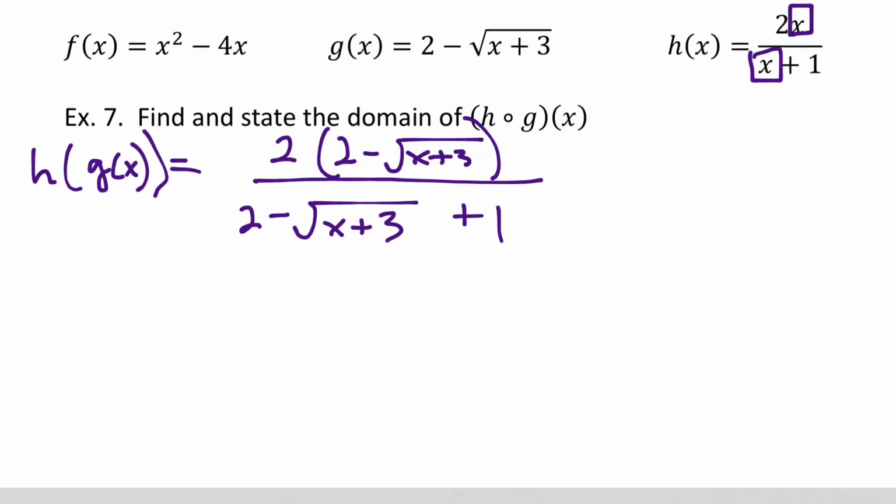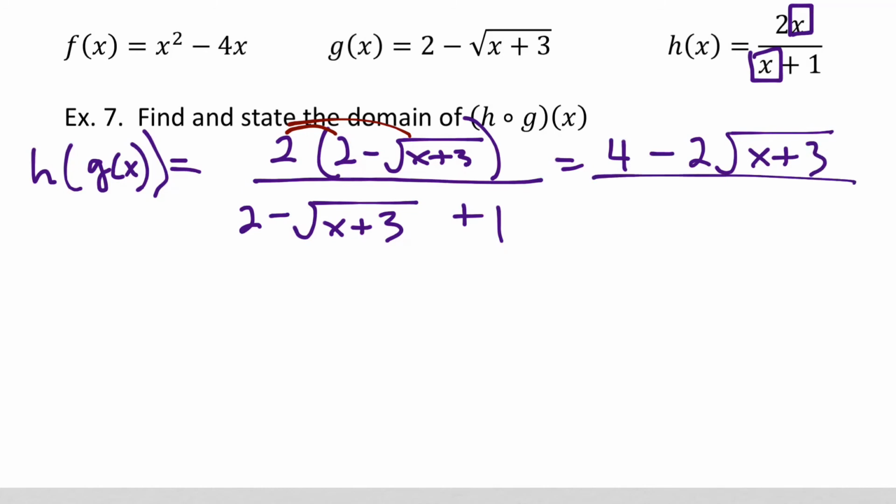We're going to distribute on the top here, and combine like terms on the bottom. So I'm going to get 4 minus 2 times the square root of x plus 3 for the numerator. And I'm going to get 2 plus 1 is 3. That's 3 minus the square root of x plus 3 in the denominator.